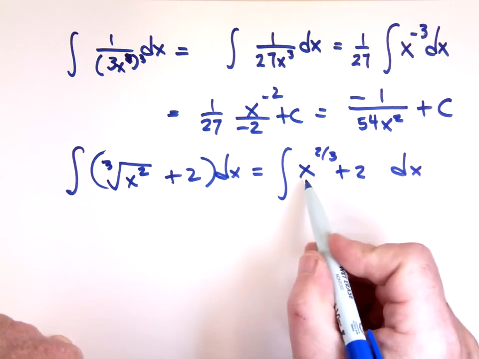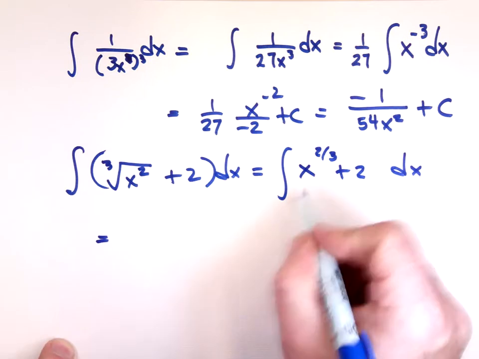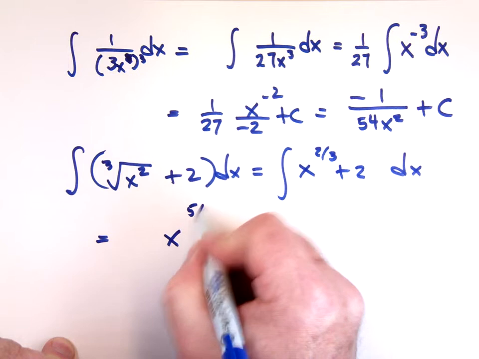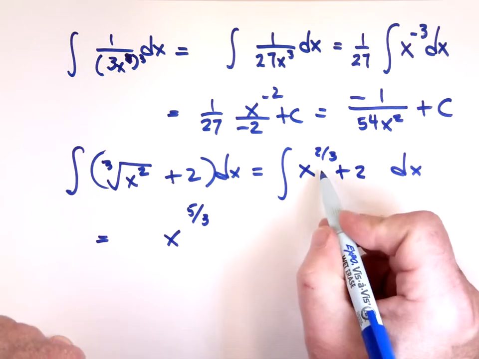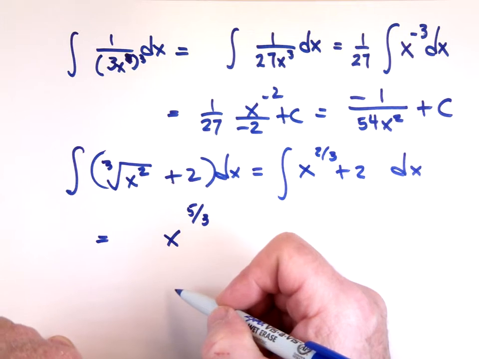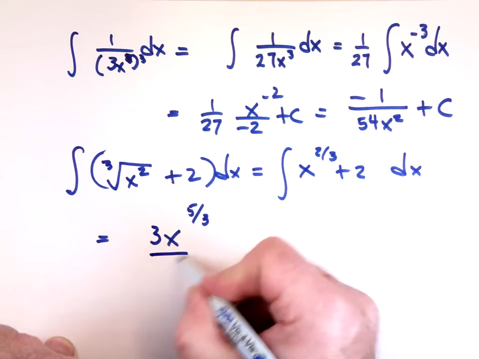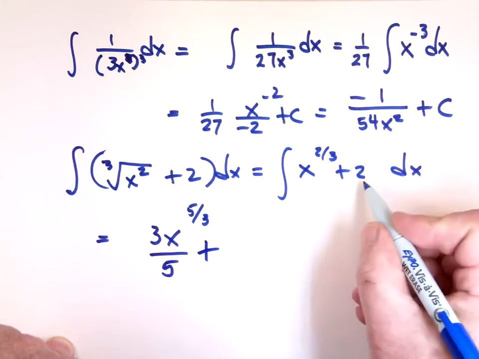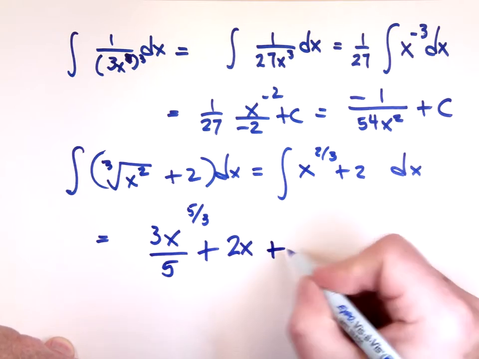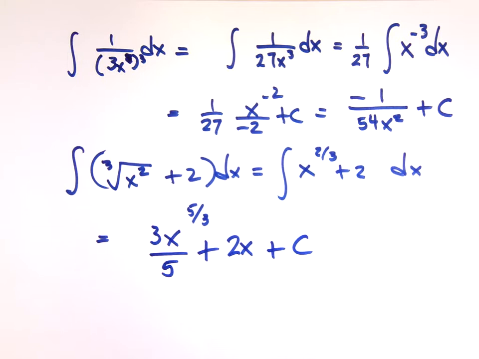Integrate x to the 2/3: add 1 to this exponent, which makes it x to the 5/3. Divide by 5/3, which is the same as multiplying by its reciprocal, 3/5. And the integral of 2 dx is 2x plus c. And that's what you should have.